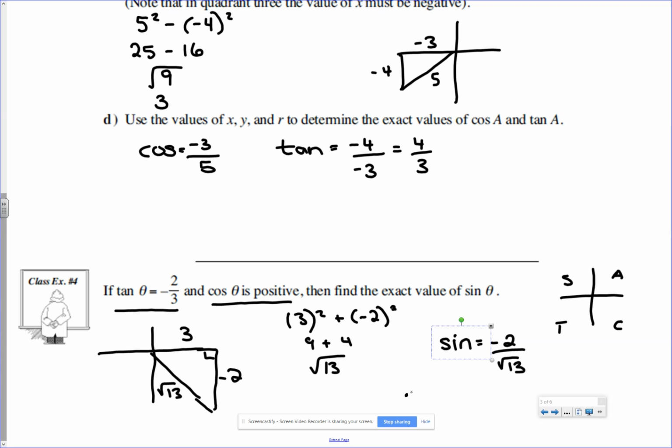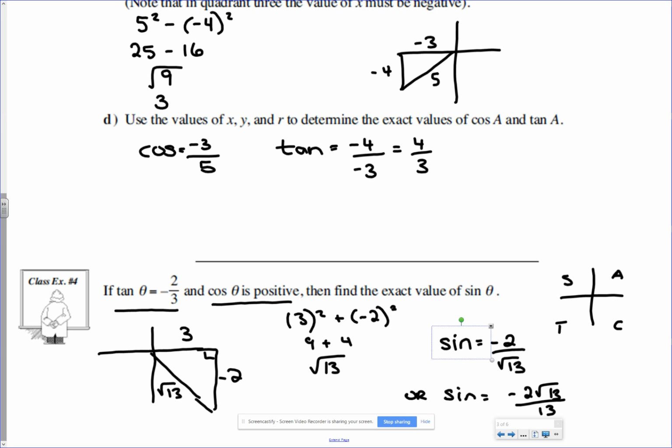Or again, if you rationalize your denominator, that would be negative 2 root 13 over 13. And you should rationalize your denominator because that is more proper than writing it with a radical on the bottom.